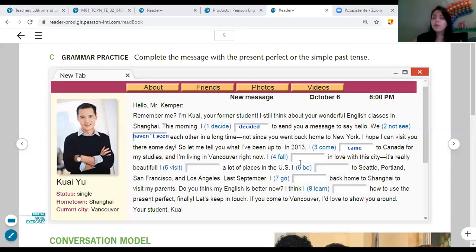In number 4, we don't have also a specific time. So it has to be the present perfect. I have fallen in love with this city. It's really beautiful. I visit a lot of places in the USA, in the US.